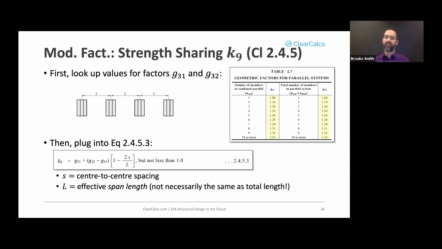The only guidance the standard gives is that all of the laminates must have the same deformations under load. So use your engineering judgment with that. Do some calculations for exactly what the deflection is and how strong and stiff your connectors are. Unfortunately, the standard doesn't give you any particular guidance beyond that.